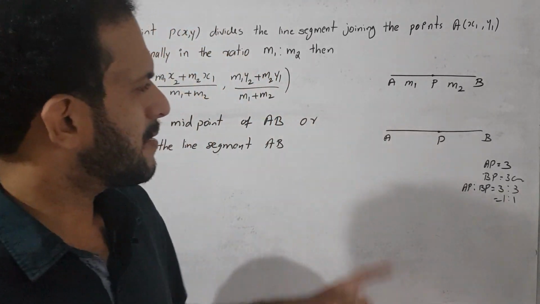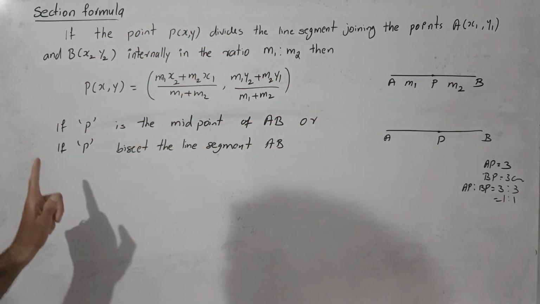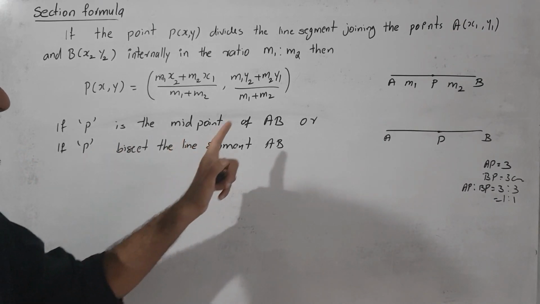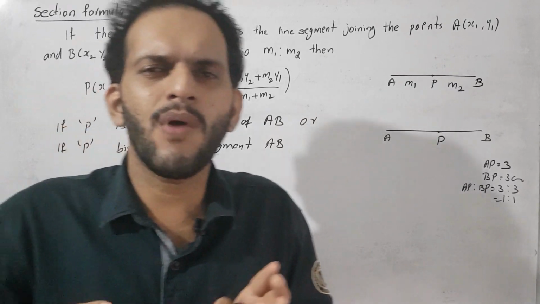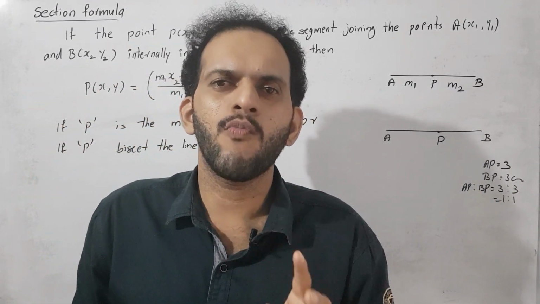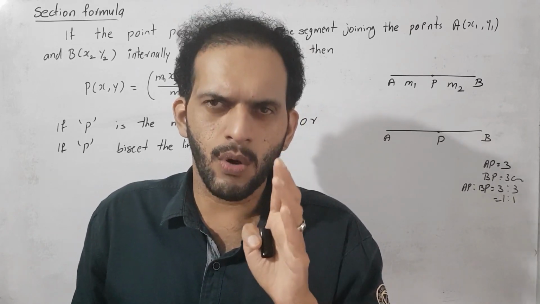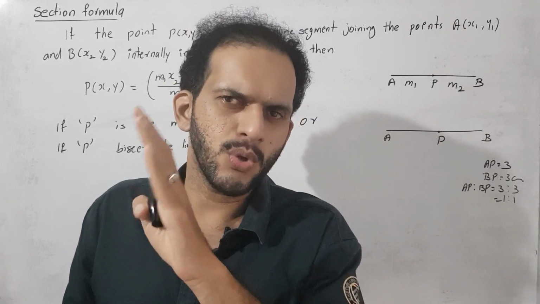Okay, that means if P is the midpoint of AB or P bisects the line segment AB, in both cases what are the values of m1 and m2? In both cases the values of m1 and m2 are equal to 1. The m1 is to m2 is equal to 1 is to 1.